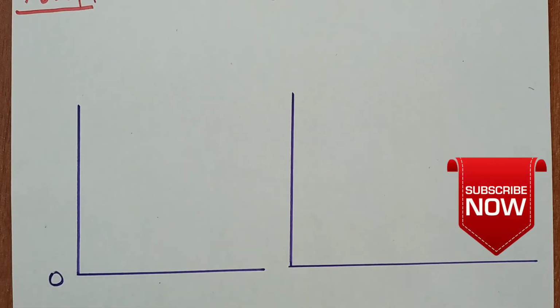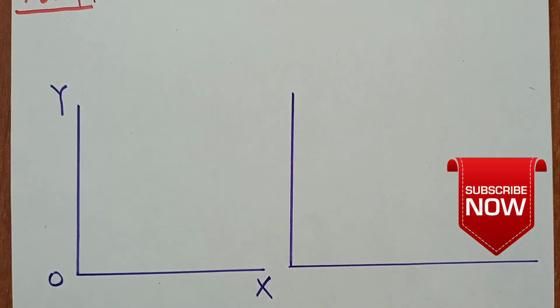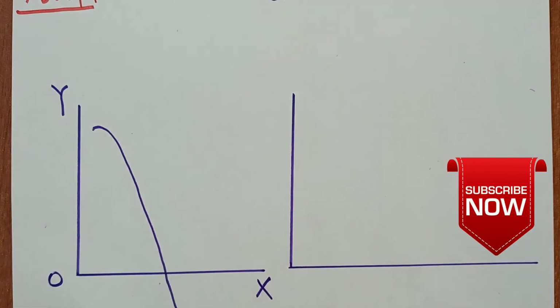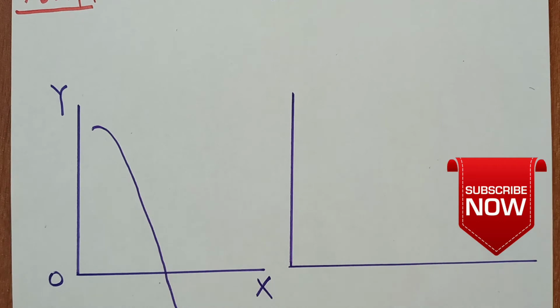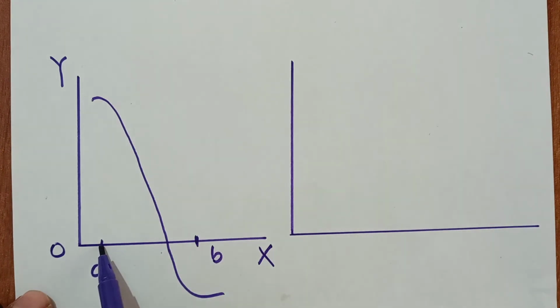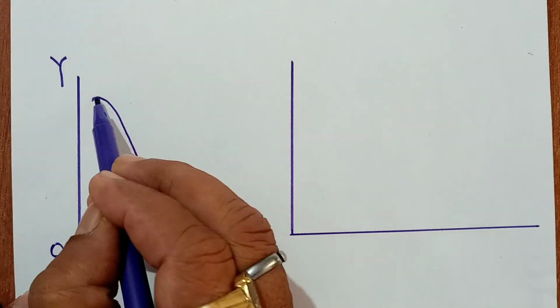this is the x-axis and this is the y-axis. Suppose this is a function f(x) of this type. Suppose this is a and this is b. Since a is here, this is f(a).